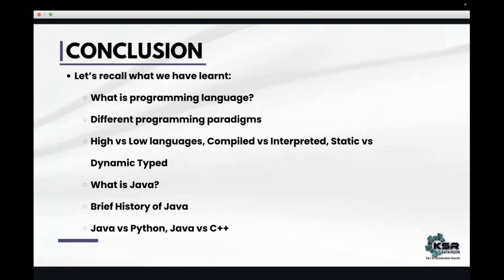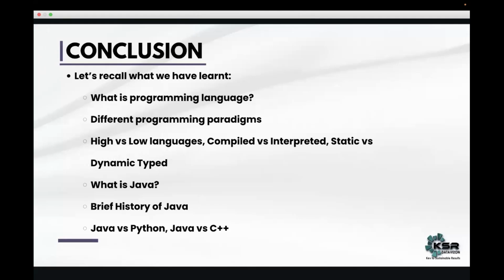Bash, JavaScript, all these are interpreted languages. Java is both compiled and interpreted. So it's not that every language can be put into compiled or interpreted separately. There is mix and match. Java is statically typed, Python is dynamically typed. So we have classified this. Now we know how different languages look and behave. That is very important.